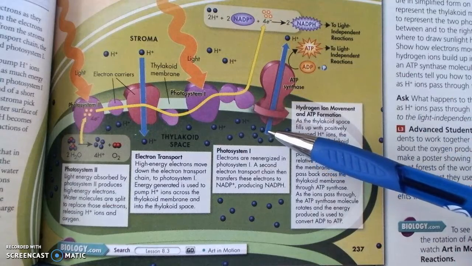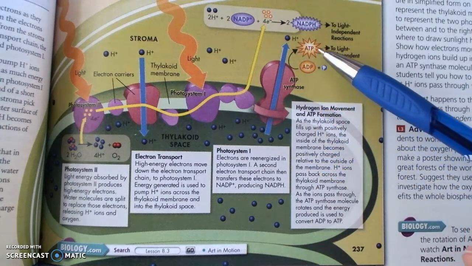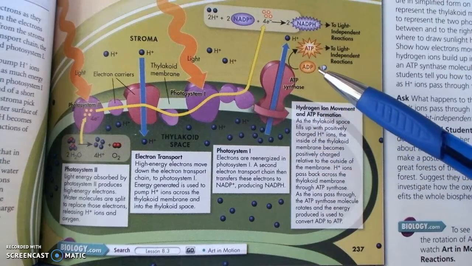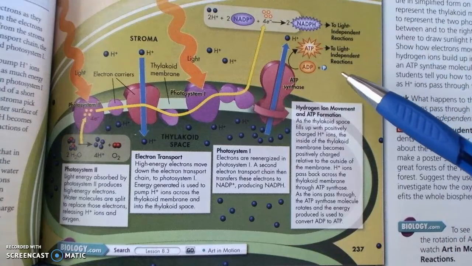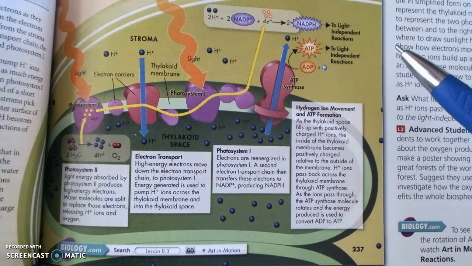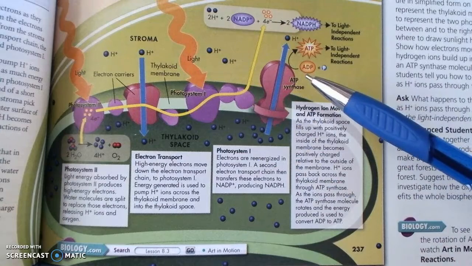And so ultimately, the concentration gradient drives this pump to energize the ATP molecule. So at the end of the day, we've produced 2 molecules of NADPH and 1 molecule of ATP as we move through this process one time.